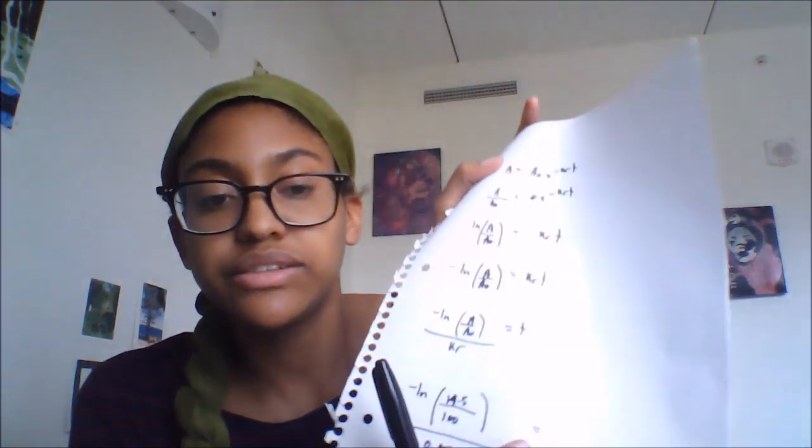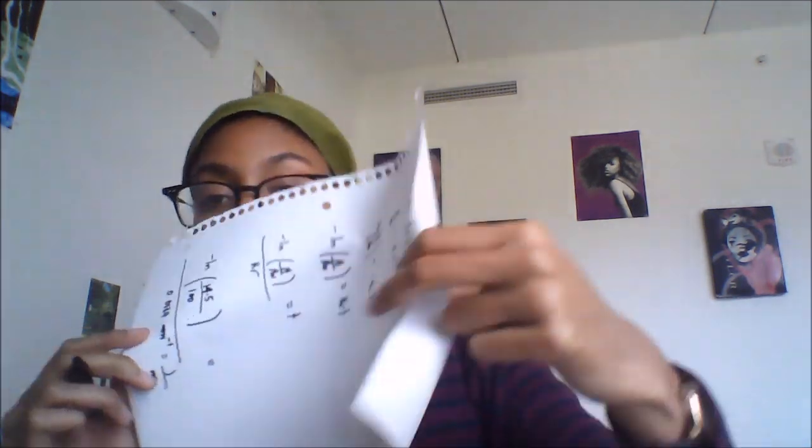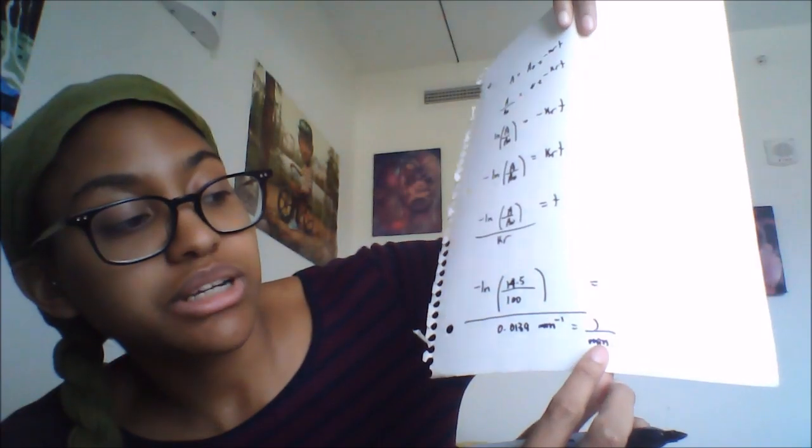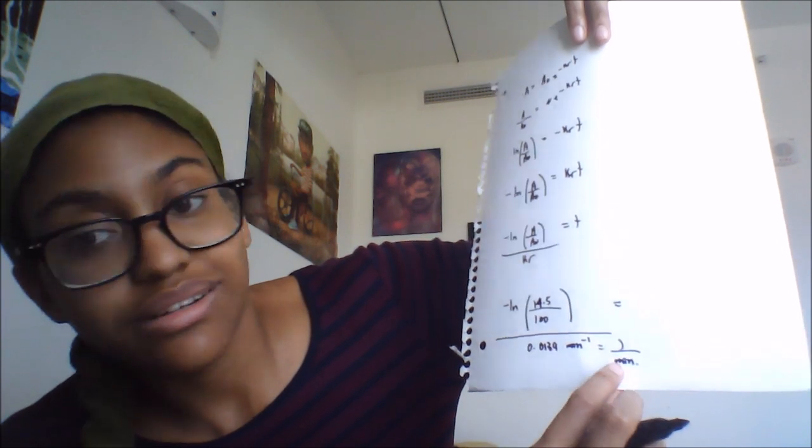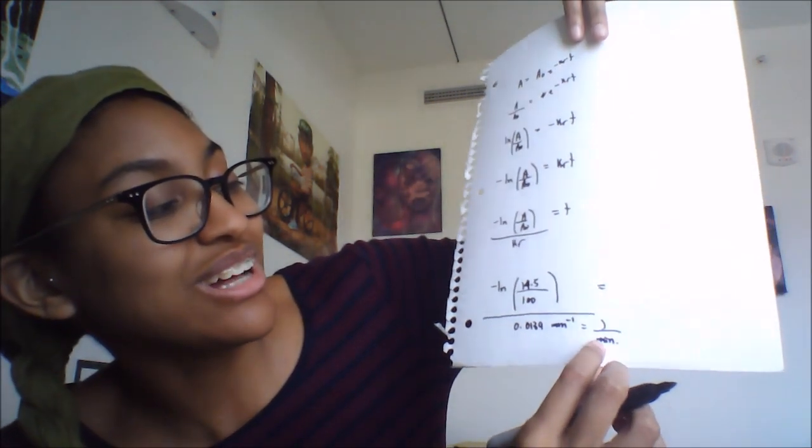The minutes unit can technically be written as 1 over minutes, and since it's in the denominator of a denominator, the minute will come up to the numerator, and that will give us our final answer of 138.9 minutes.